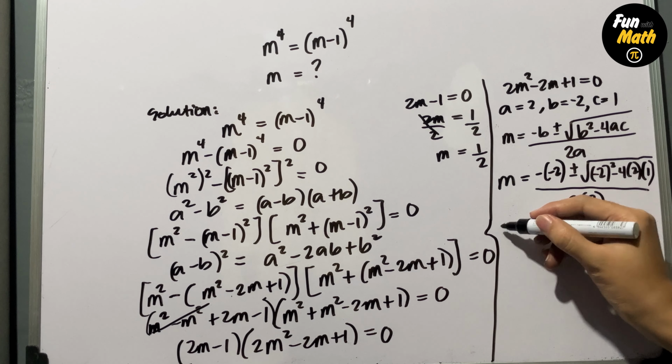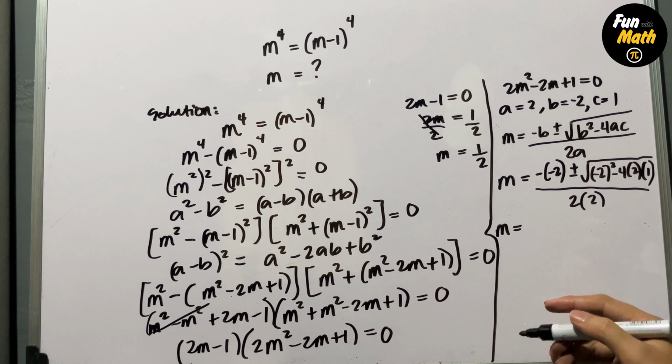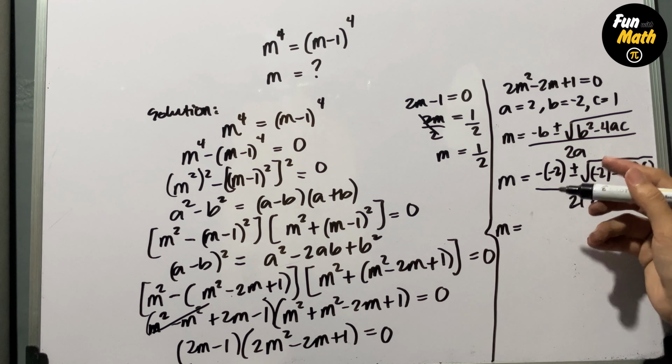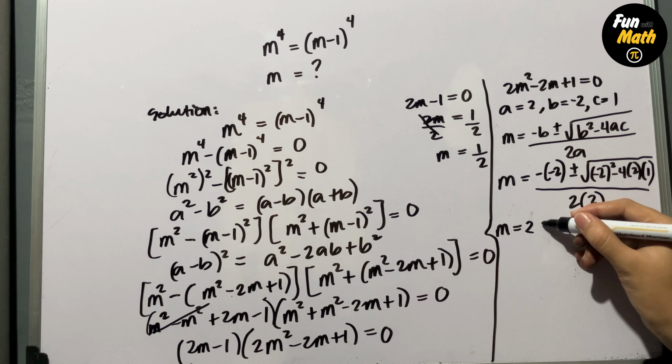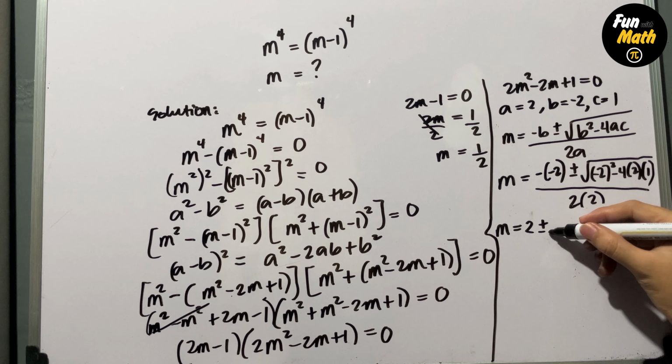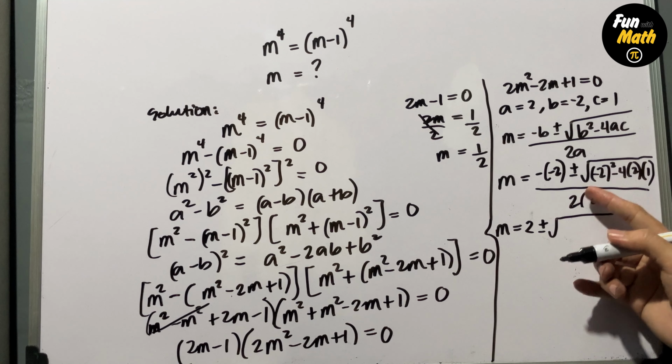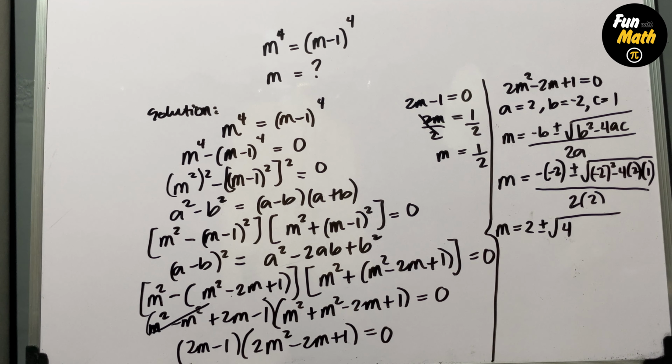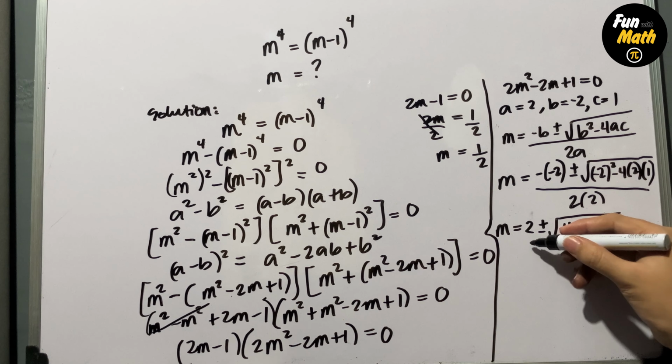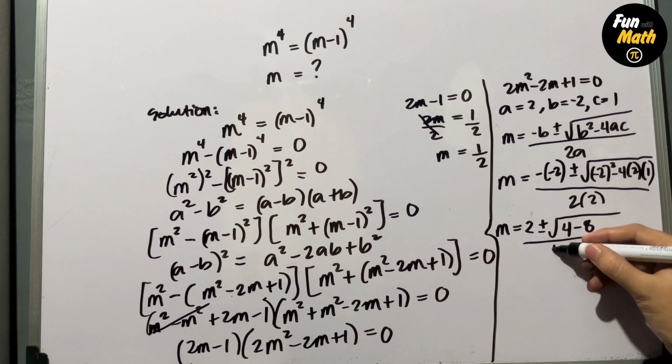So this is now m is equal to negative times negative 2, that is positive 2, positive negative square root of negative 2 squared, that is positive 4, minus 4 times 2 times 1, that is negative 8, all over 2 times 2, that is 4.